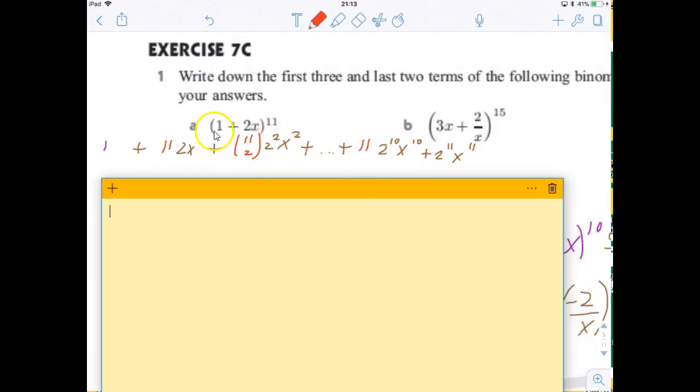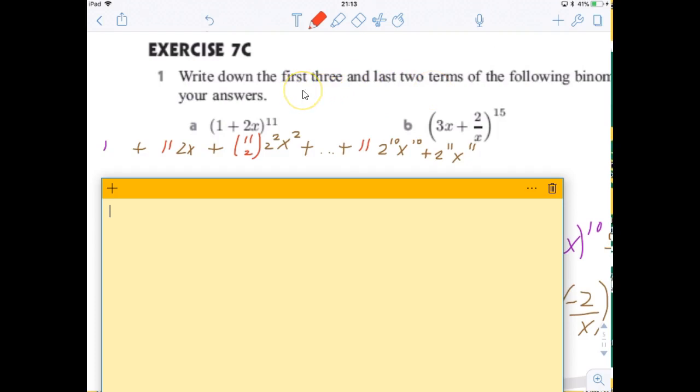So first we're going to do the expansion of part A, which is 1 plus 2x to the 11th power. The a term, or the first term, is 1. The second term is 2x. The n value, or the power, is 11. With these three inputs, we can generate the whole expansion, but they only ask us for the first 3 terms and the last 2 terms, and they'll do this sometimes on the exam too.